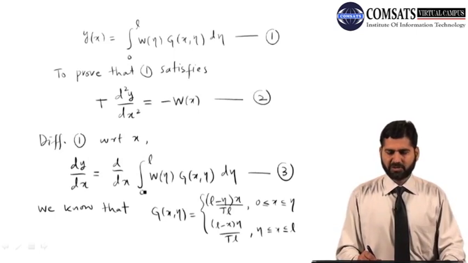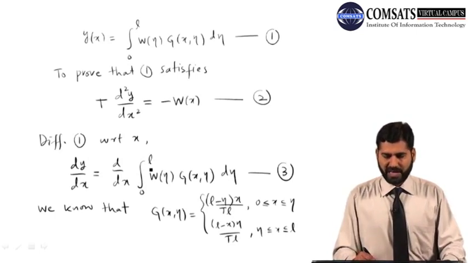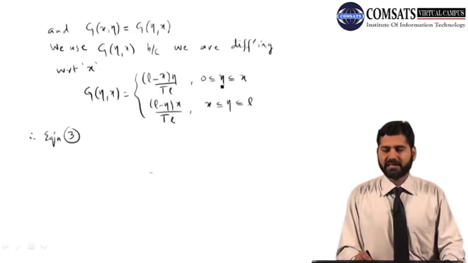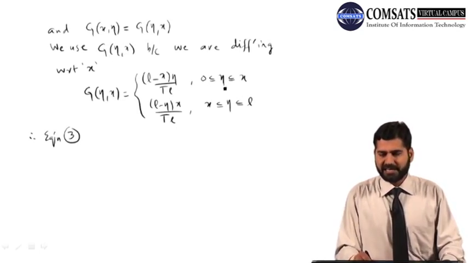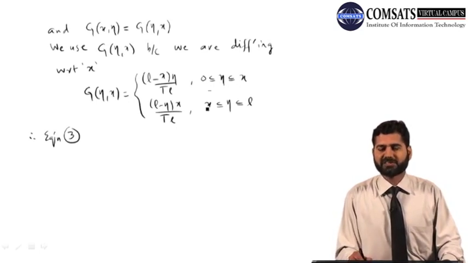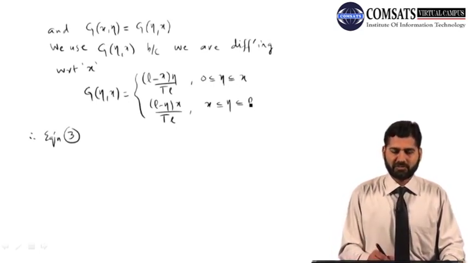right, it was equation 3, this equation. So I can break it from 0 to x and x to L, because η is there and η goes from 0 to L. So I have to break η. That's why I have to use g(η, x) instead of g(x, η), because here I need the limits of η from 0 to x and x to L, because we are integrating with respect to η.